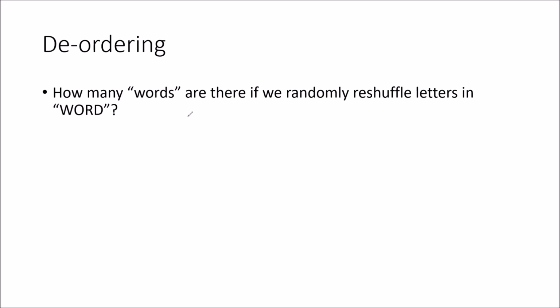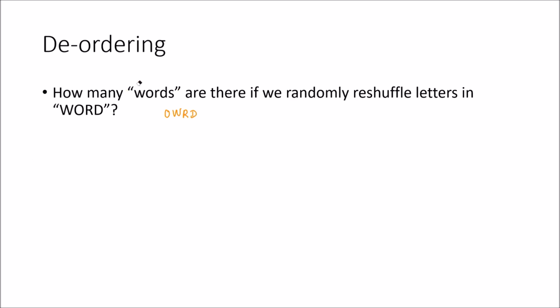Okay, so start with this problem. How many words are there if we randomly reshuffle letters in the word W-O-R-D? Here, "words" with quotation marks means it's just a string, so they may not have an English meaning, but we still count them as words. So for example, O-W-R-D would be a word, but it doesn't have an English meaning.